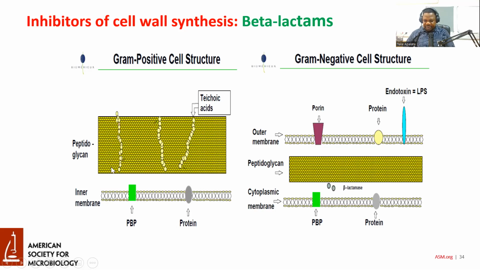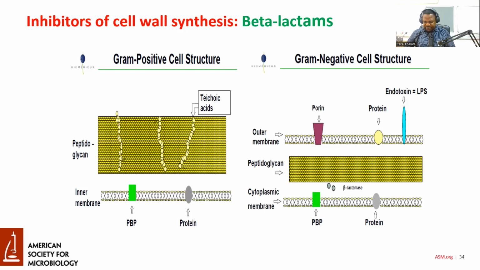An antimicrobial must be able to diffuse through it before reaching the inner membrane, where the target is. For the beta-lactams, the target is the penicillin binding protein, where the beta-lactam drugs actually act. So they have to penetrate by diffusion until they reach the PBP.